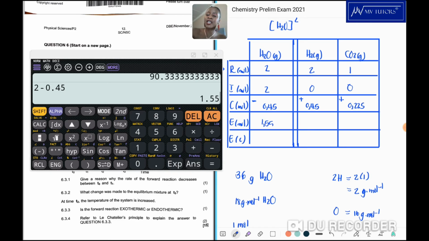Then 0 plus 0.45 will remain 0.45, and 0 plus 0.225 is 0.225. Okay, so at equilibrium, we have the number of moles.